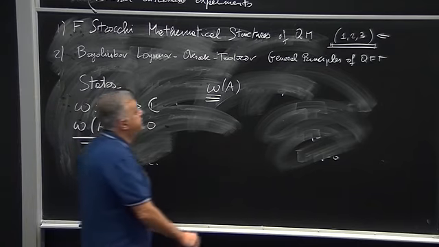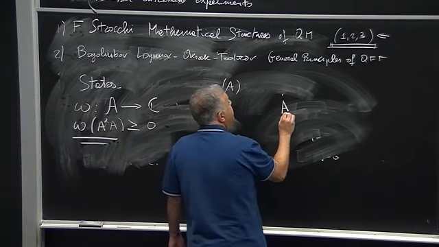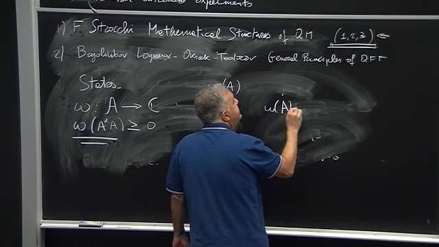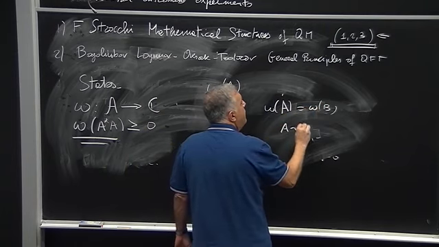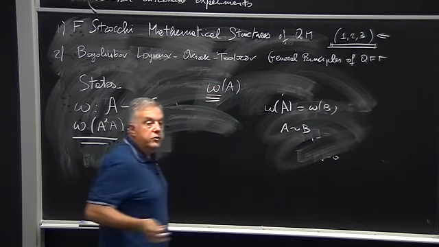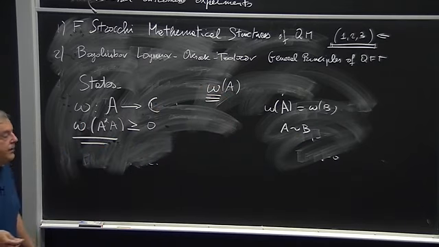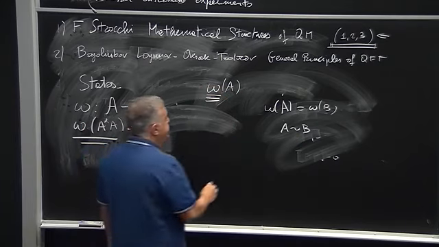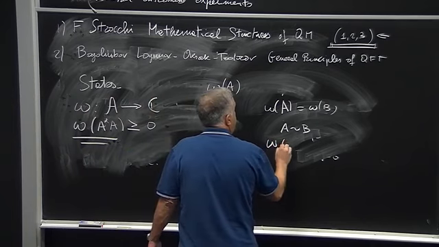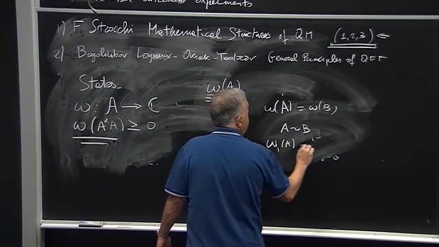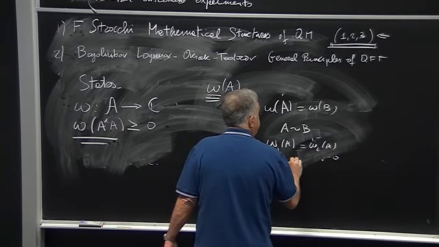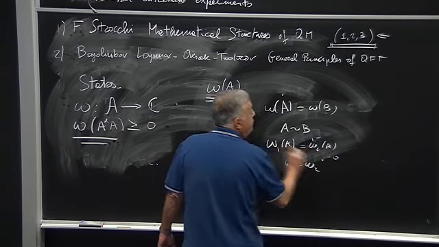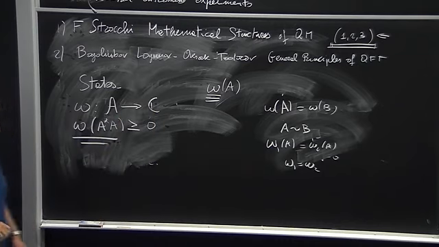So two observables which have the same value in all the possible states are the same observable. You cannot distinguish between them. And two states which give the same value on all the observables are the same state. You cannot distinguish between them.